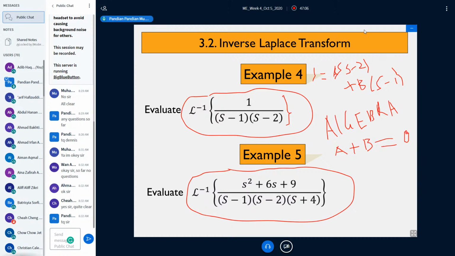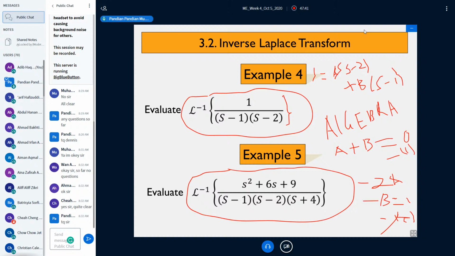This is equation number 1. And then minus 2a minus b equals 1. This is the constant, this is 1. So this is equation number 2.